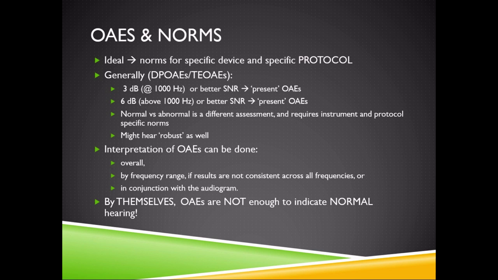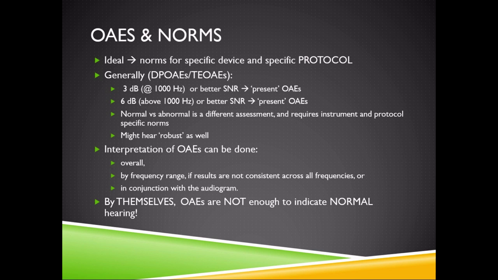There is a condition, a disease, a pathology, whatever you want to call it, called auditory neuropathy, or you might hear it referred to as ANSD, where an individual can have present, even robust OAEs, pure tone thresholds almost anywhere, but they have this dysfunction of the auditory nerve that leads to sound being very distorted by the time it reaches the central auditory nervous system.